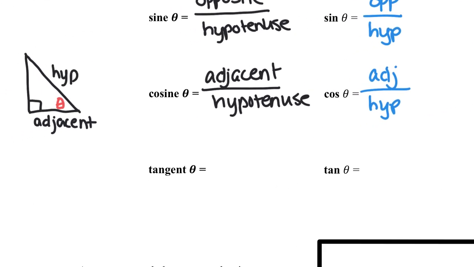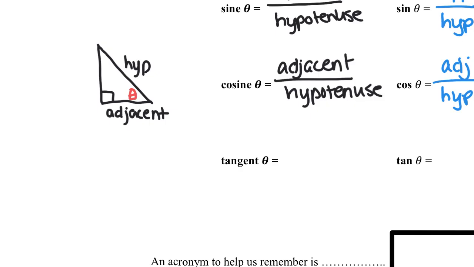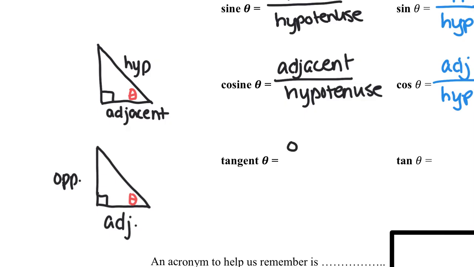All right, and then finally our tangent. So again, in a right triangle, the tangent of an angle theta is going to be the ratio of the opposite compared to the adjacent. So we have tangent of theta is opposite.